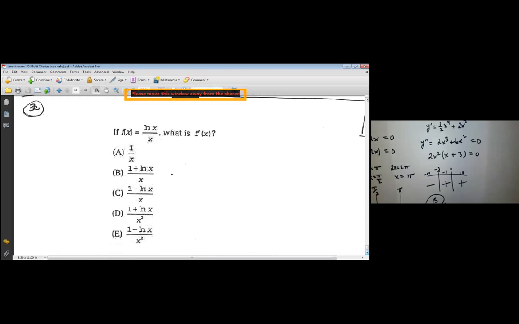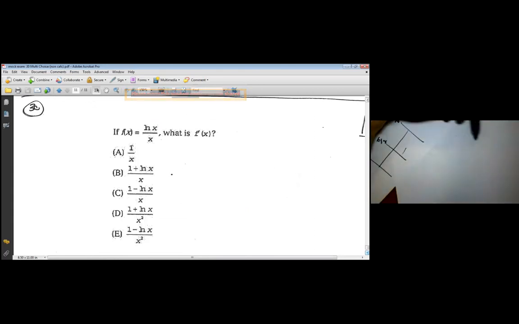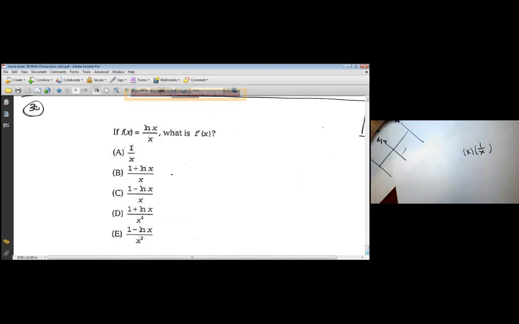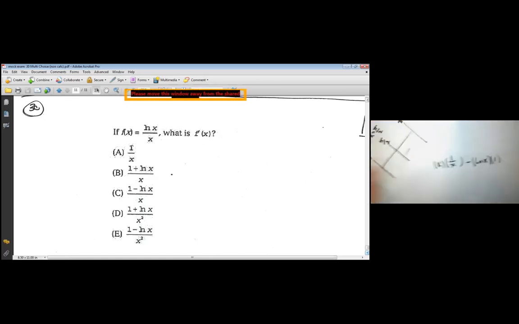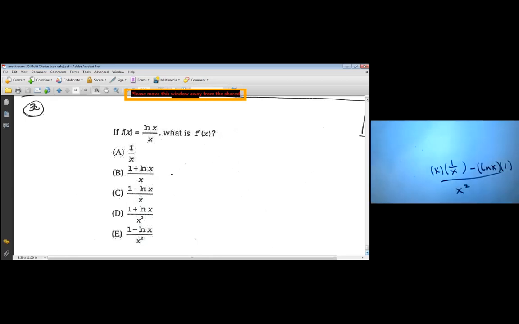All right, and last but not least, hopefully one of the easiest questions of the test, a quick quotient rule when you've got it. So that would be bottom, derive the top, which is 1 over x, stuff prime over stuff, minus the top, derive the bottom, over the bottom squared.